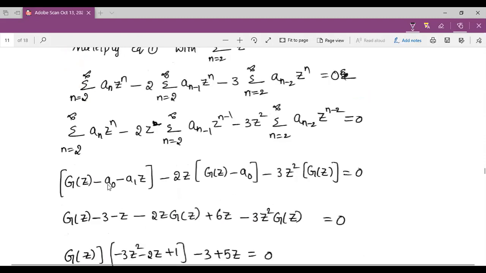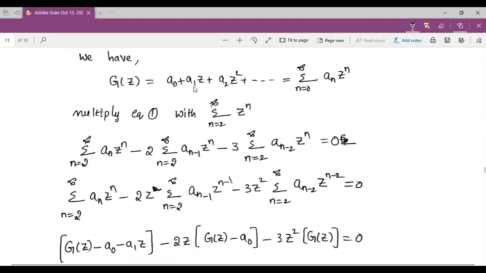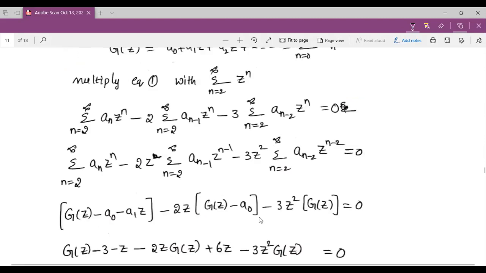Here n equals 2, 2 minus 1 means a1 z. So the value is g of z minus a0 minus 3z squared into, n equals 2, 2 minus 2, so the sequence starts with a0 plus a1 z plus a2 z squared. So this series is g of z, that is equal to 0.